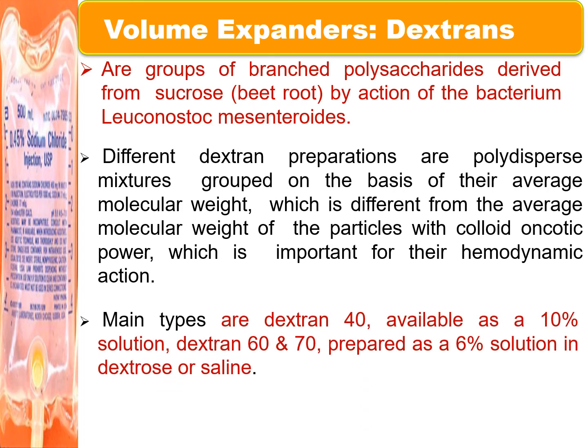The two main types of dextrans clinically utilized as plasma volume expanders are dextran 40, available as a 10% solution in dextrose or saline, and dextran 60 and 70, prepared as a 6% solution in dextrose or saline.